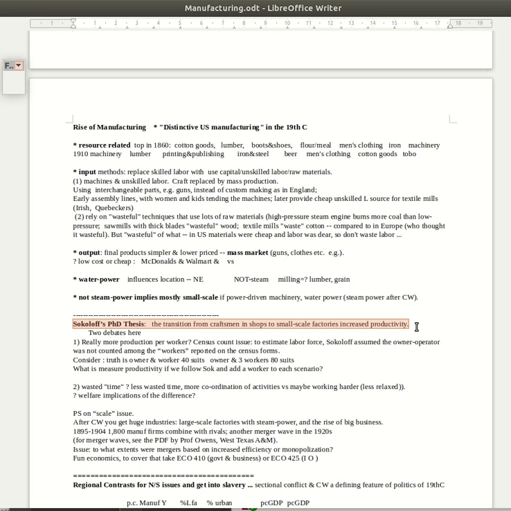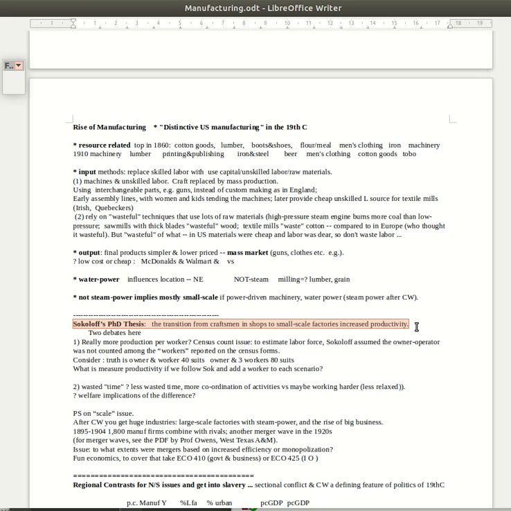So it might sound like a boring detail to you, but the point is that for a long time, economists and policymakers were thinking that you needed to have factories with hundreds of people in them to get modern productivity and to get economic growth.